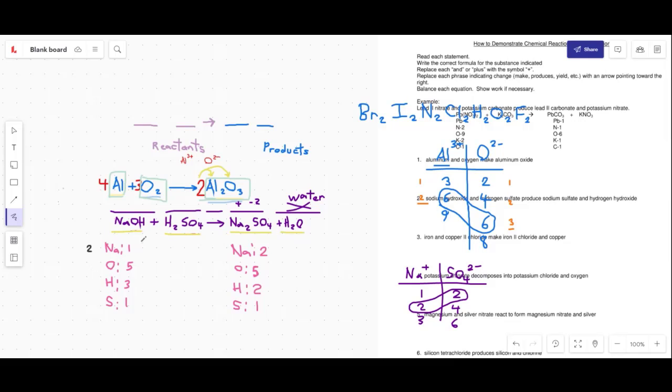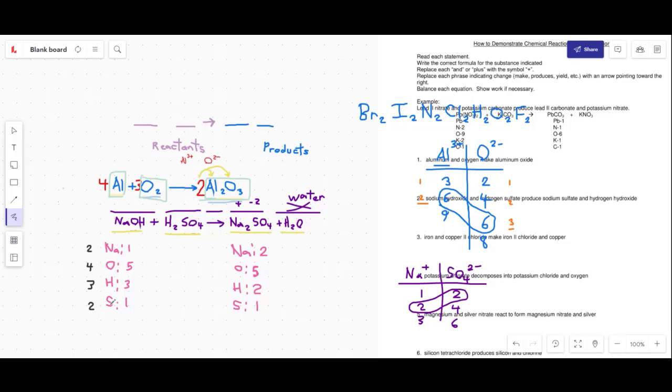Four. Yeah, it's in every single one. So that's going to be the hardest to balance. What about hydrogen? Three places. And what about sulfur? Only two substances.